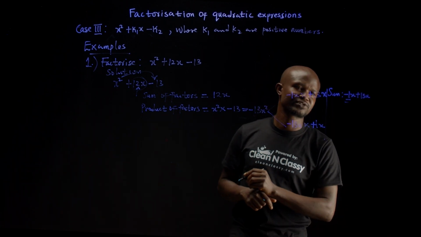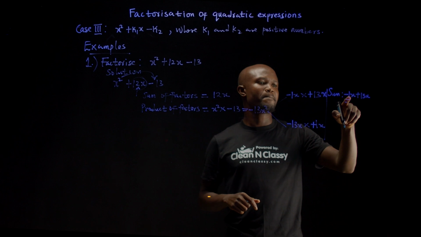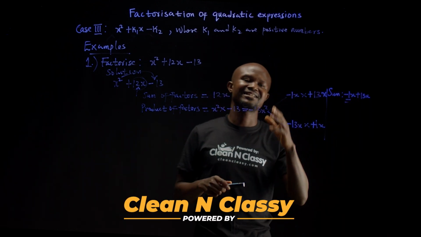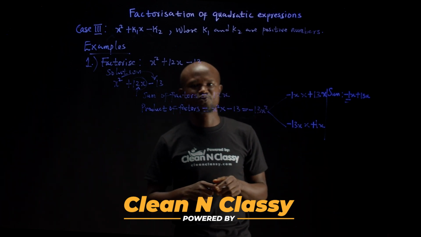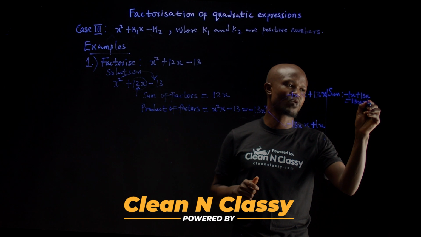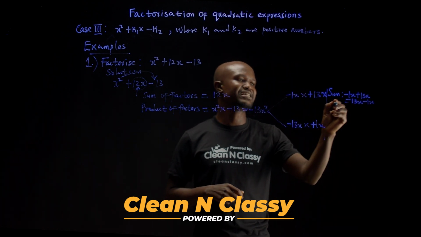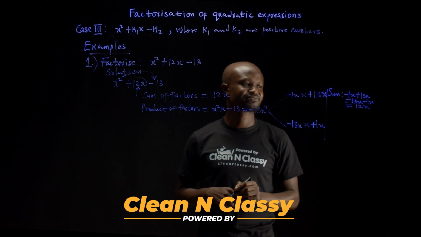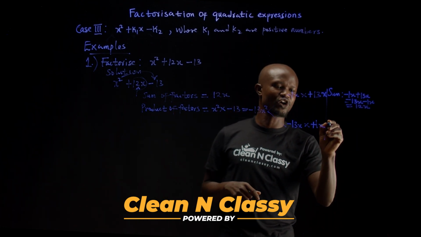What will this give us? Minus 1 plus 13 is the same thing as 13 minus 1. I can write this as 13x minus 1x, and this is the same thing as 12x.